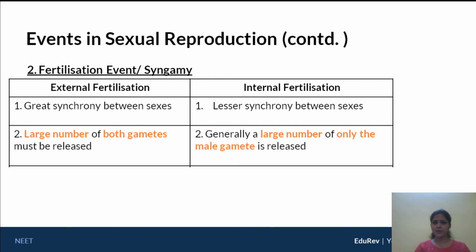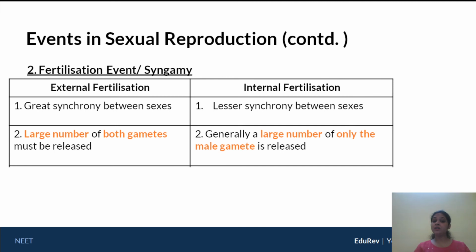Let's move on to the next one. In case of external fertilization, a large number of both gametes are required, whereas in internal fertilization, normally only the male is in large numbers. For example, in case of the frog, the male and female gave out their gametes into water, so obviously both had to be in large numbers so that at least some of them would fuse.